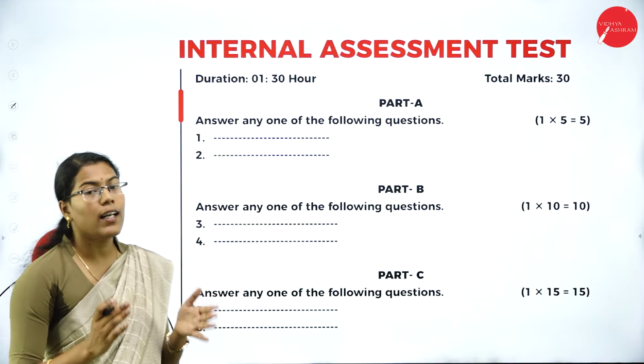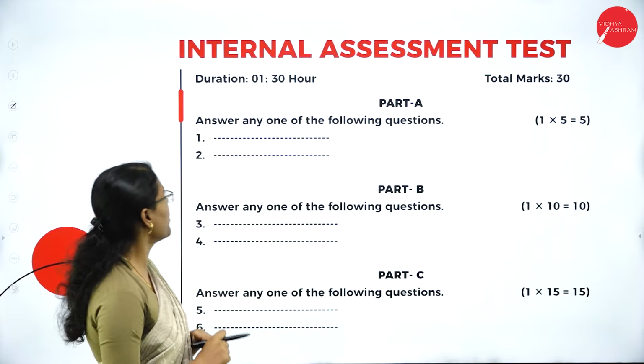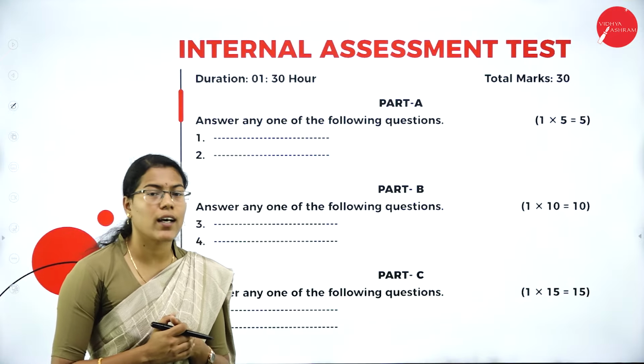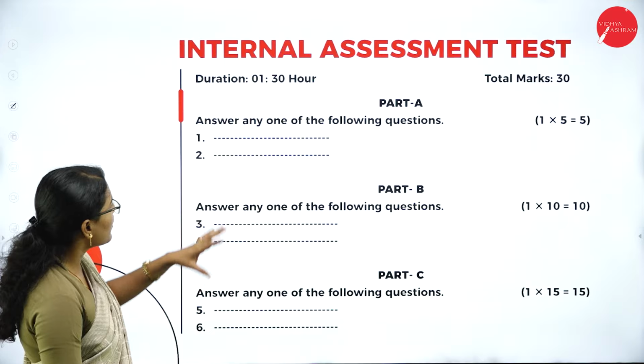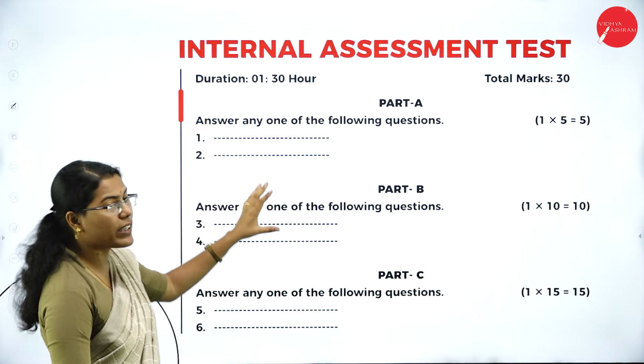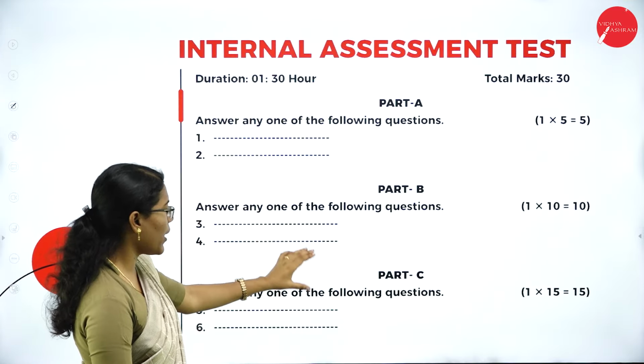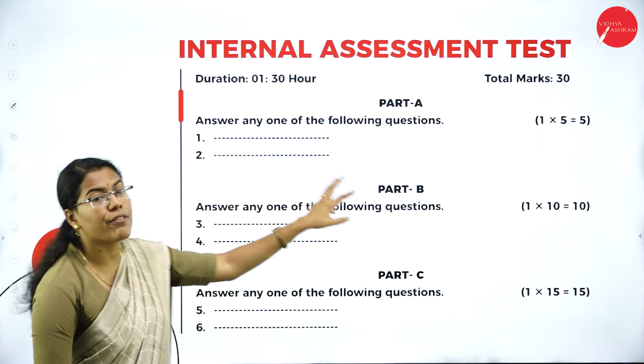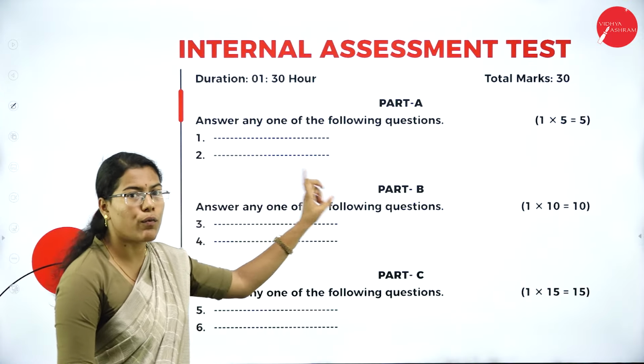So here is the internal assessment test pattern. Your internal assessment test will be for 30 marks and the duration is 1 hour 30 minutes, where the test pattern consists of 3 parts: part A, part B and part C. In part A, there will be 2 questions carrying 5 marks, where you need to answer 1 question.